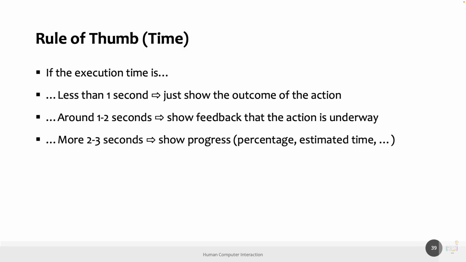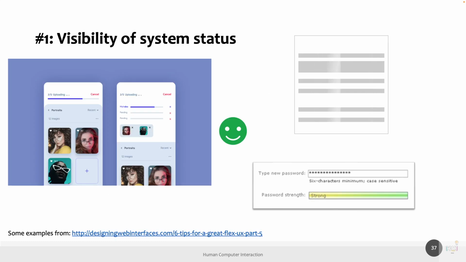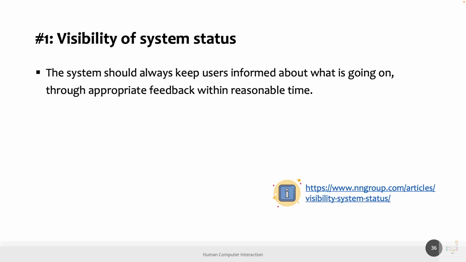If it's more than 2 or 3 seconds, you should probably use a progress bar with some percentage, with some estimated time, and so on. Okay? I don't have any bad examples here, but a violation of this heuristic is typically when the design is not providing feedback.